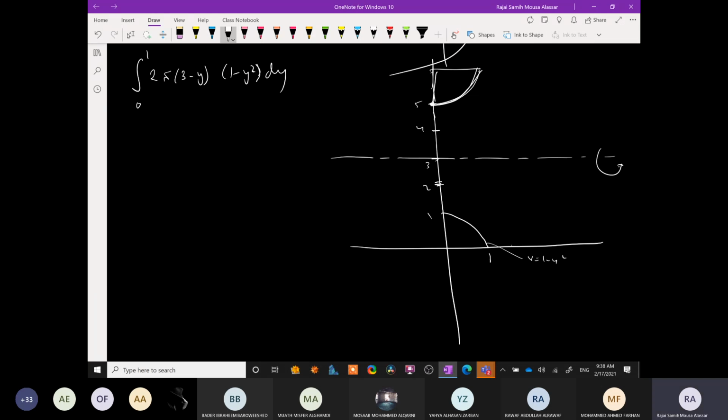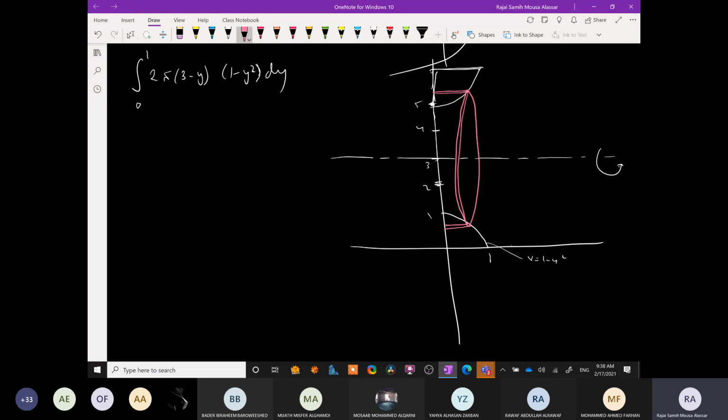It will go like this. Not the best drawing, but you can improve that. So this is how it will rotate. Let's take a sample, and if this sample rotates, then it should go like that.